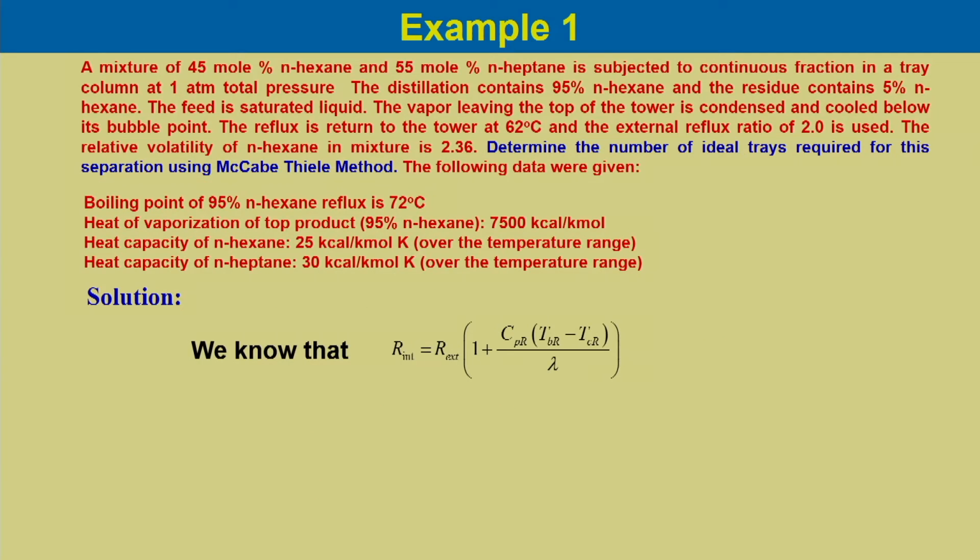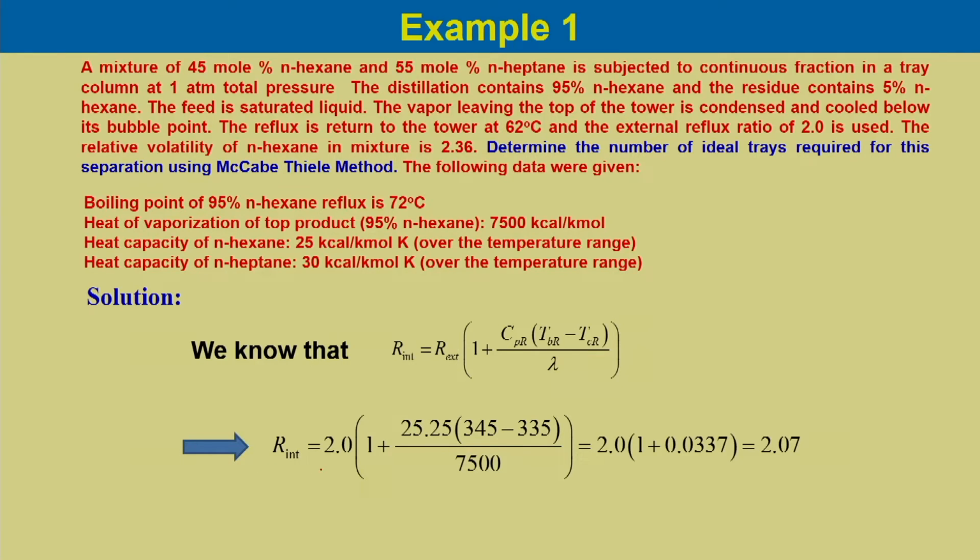So, we know that the internal reflux ratio is equal to external reflux ratio into 1 plus CPR into TBR minus TCR by lambda. Now, if we substitute the values, R internal would be equal to R external, which is given as 2, into 1 plus 25.25 into 345 minus 335 divided by lambda, given as 7500. So, it would be 2.07. So, that is the internal reflux ratio.